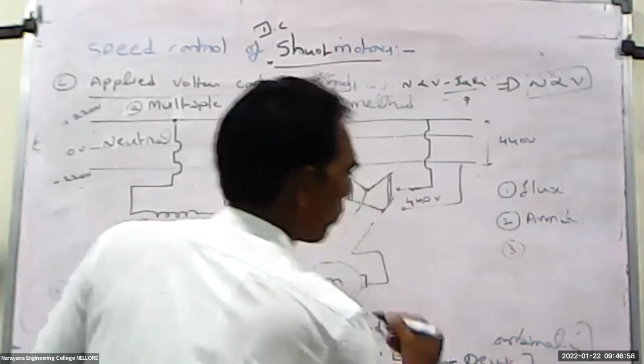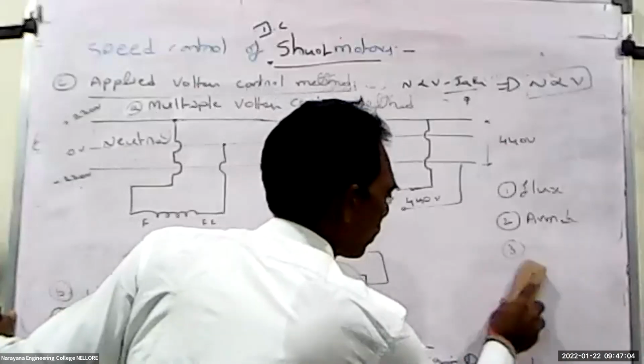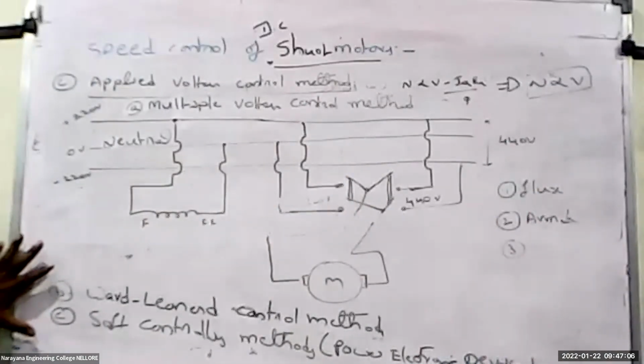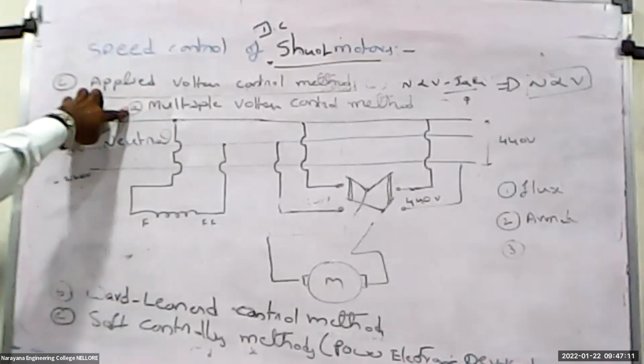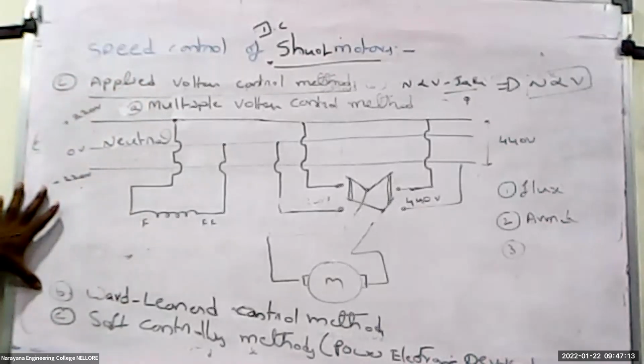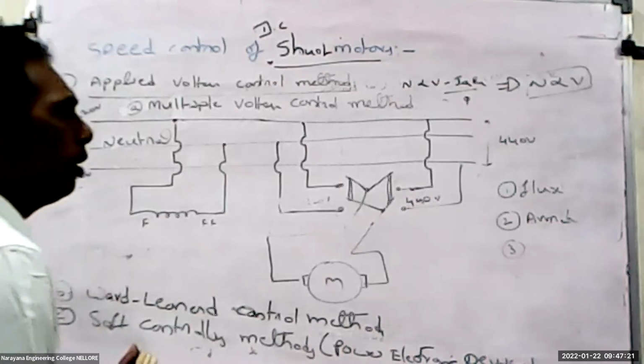This is power electronic devices. So we are using the applied voltage control method in 3 types: the multiple voltage control method, the Ward-Leonard control method, and soft controlling methods, or any power electronic devices. And take a snapshot of this one.